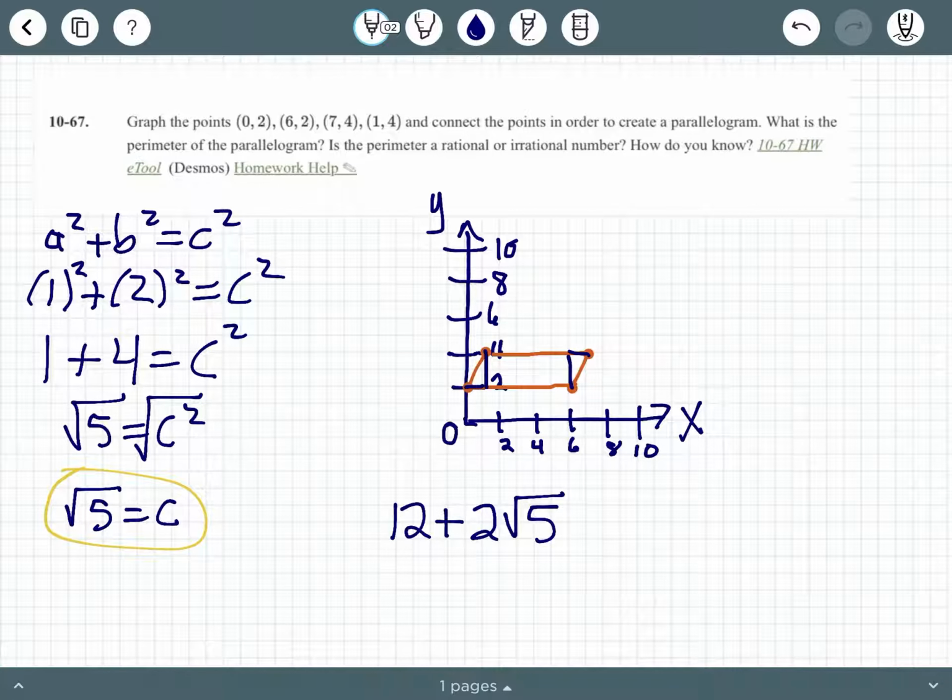And when we do that, we're going to go ahead and put that into our calculator. When we do, we're going to get approximately 16.47 units. Now that is rounding to the nearest hundredth.